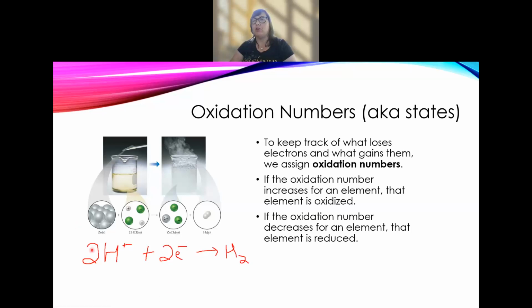We know that it's a positive charge, and it's happy. Its oxidation state, we will talk about what its value is right here, but it goes from positive to 0. So since it goes from positive to 0, the oxidation number has decreased. Since it's decreased, then that element is reduced. So this is the one that gains electrons: reduced.